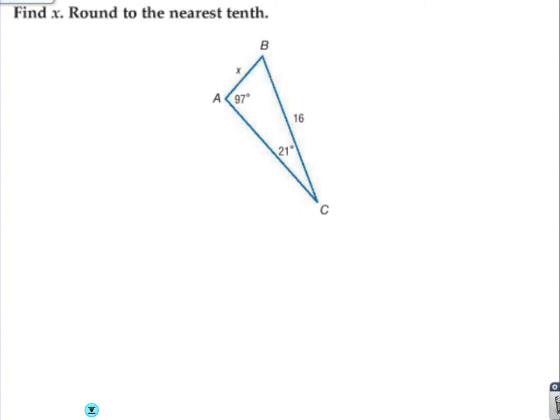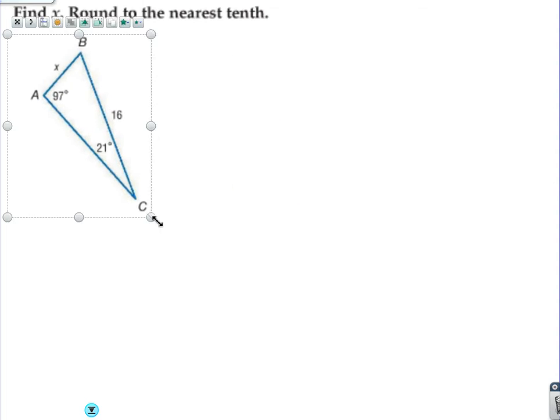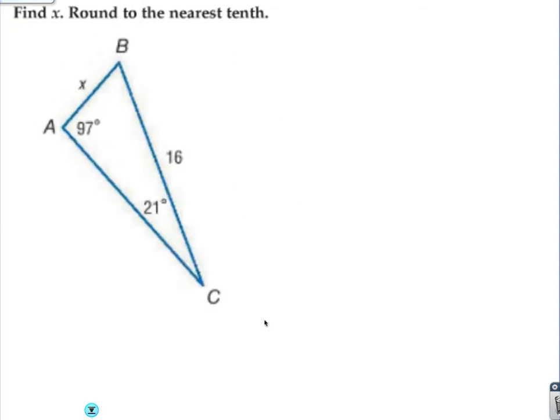So dealing with this problem here, and they've even done you the favor of calling the sides a, b, and c. The reminder that, look where angle A is at. Angle A is 97 degrees. Jagger, can you tell me how big side a is? Which one is side a?